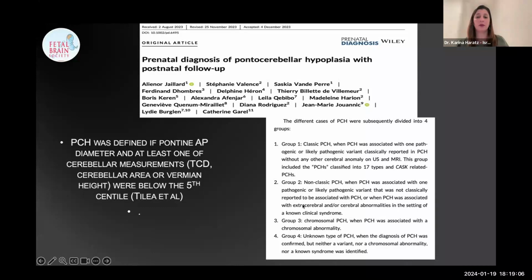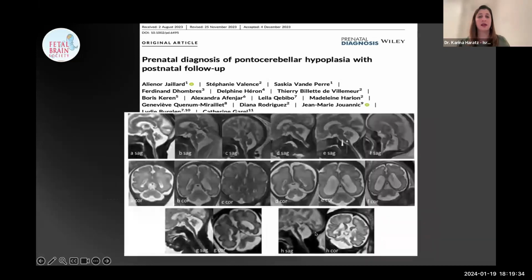And in their sample, they had classic PCH, which was associated with one of the classic genes. And also they included the CASK gene, which is not classic by Barth. The non-classic PCH that had other variants that are not classic, the chromosomal PCH, remember the trisomy 18, and other types. So they have classified into 4 types.